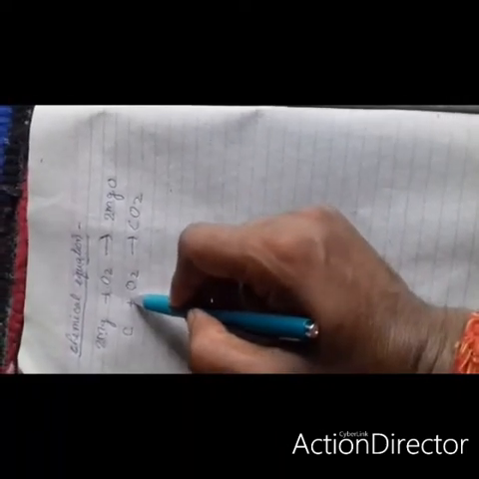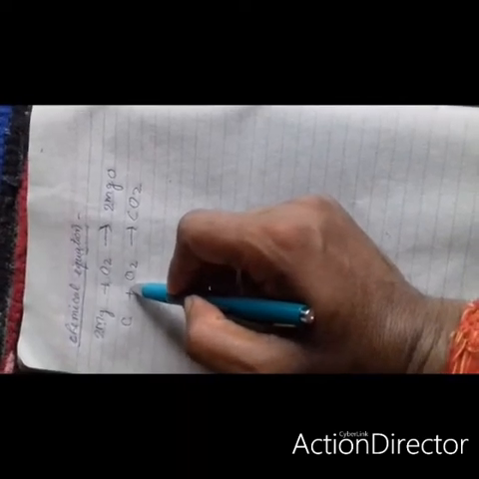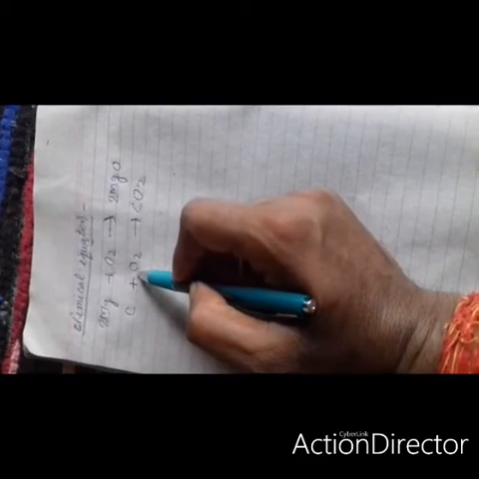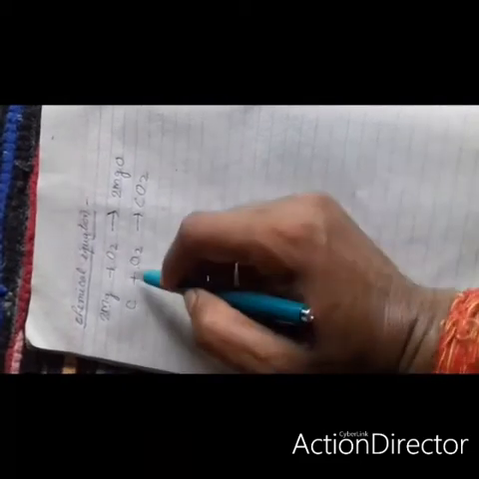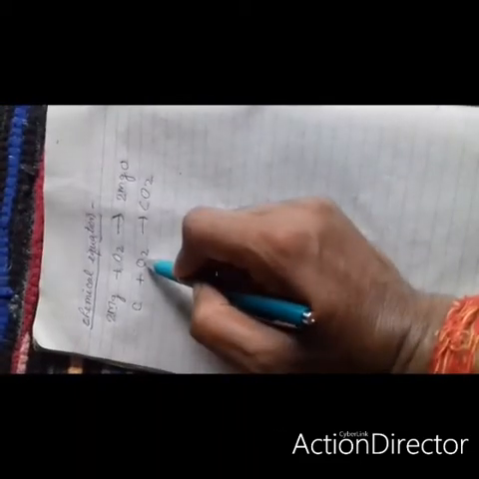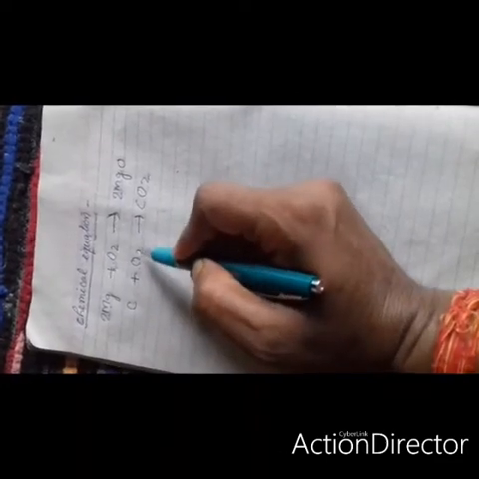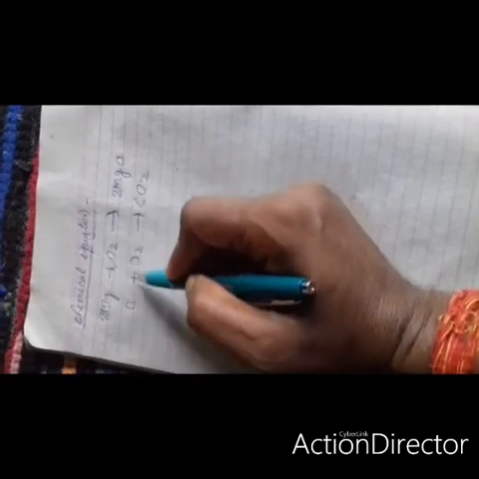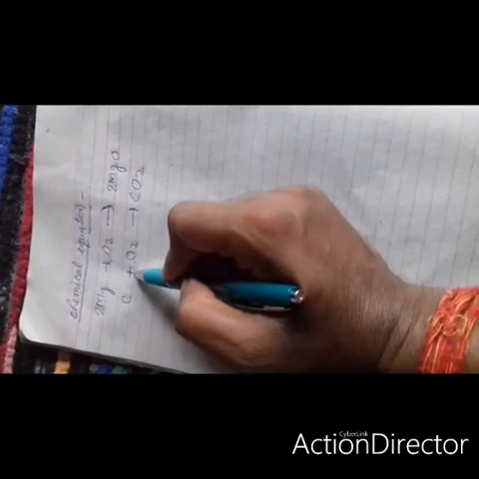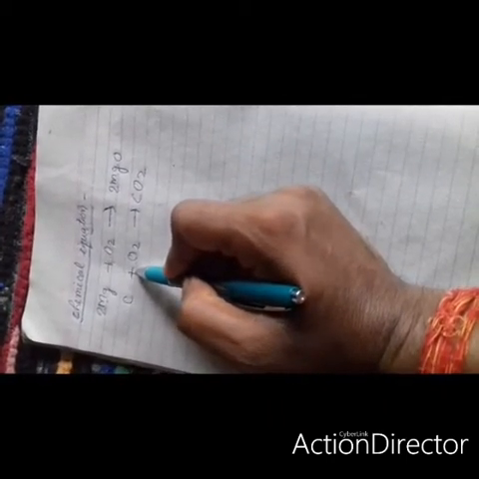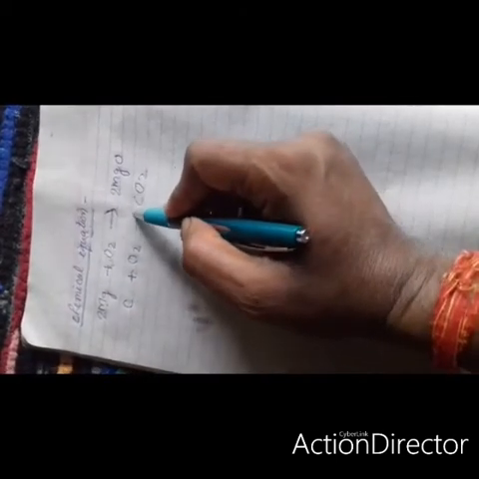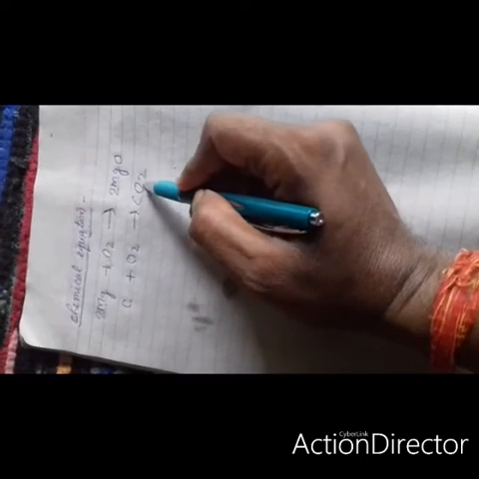In a chemical equation, the substances which react are written on the left. These are called the reactants. They are written on the left side of this arrow, and after reacting, whatever is made is written on the right side of the arrow.